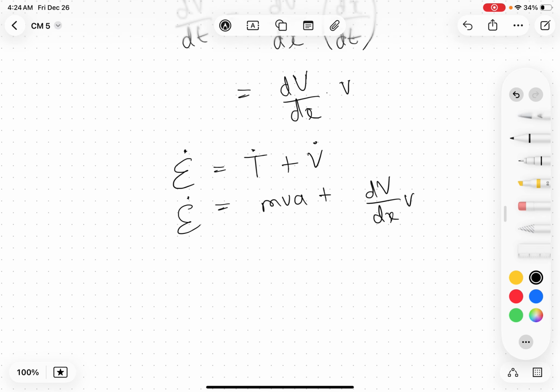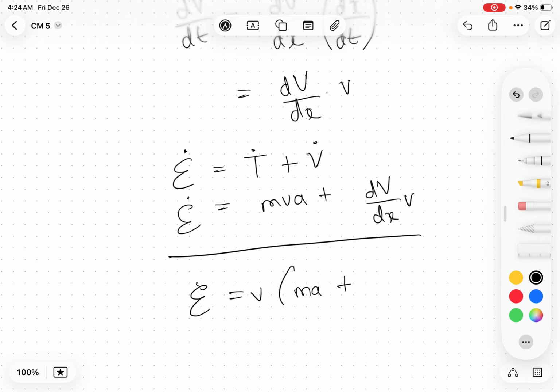It could also be written as v of m a minus f x, because recall that the rate of change of potential energy is just equal to force in the opposite direction times the velocity.